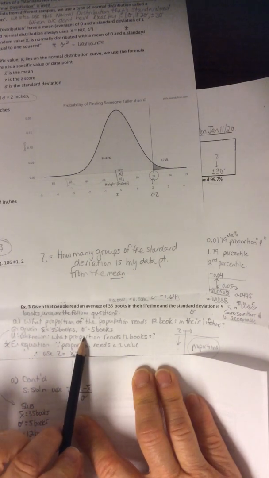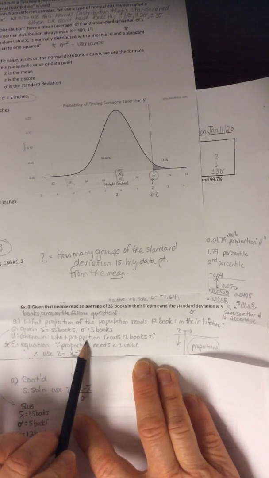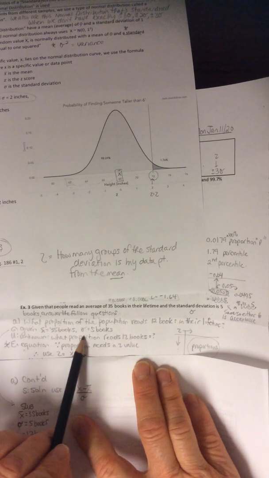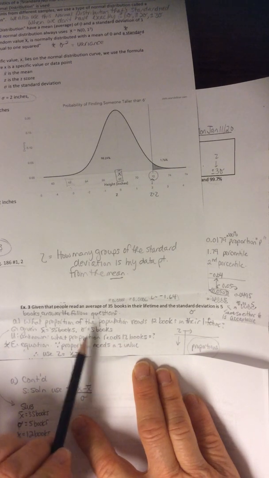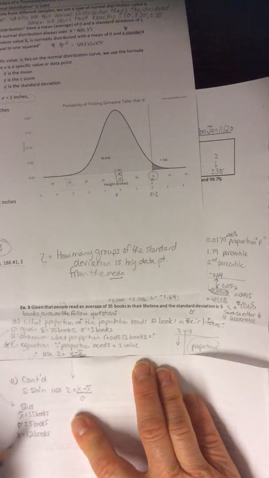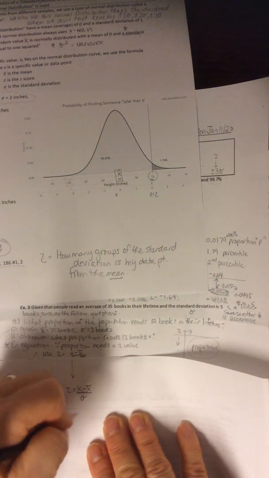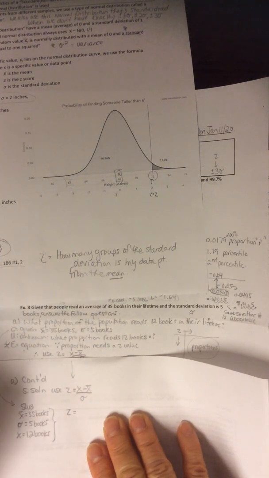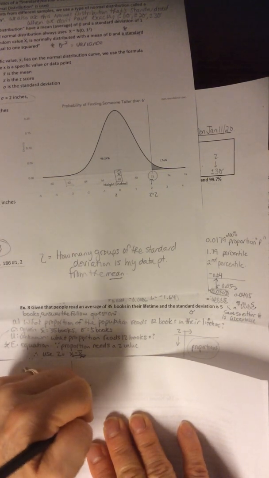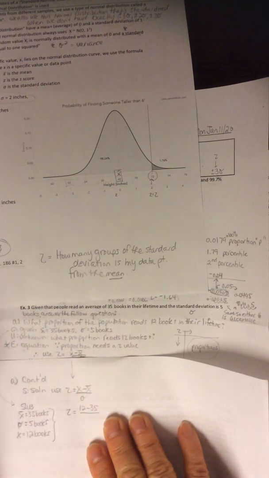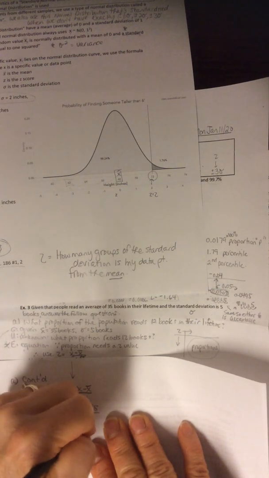The reason you know it's a data point is because it's directly influencing the proportion. So what percent is represented by 12 books, given the standard deviation and the mean? So I'm going to sub those in. Z is equal to X, where X is 12, minus the mean of 35, all divided by the standard deviation of 5.